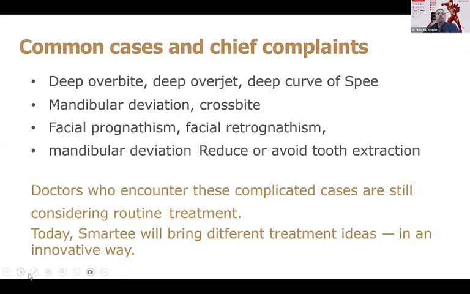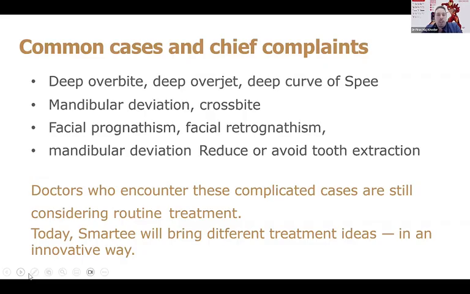So what are the common cases and chief complaints we can treat with the Smartee GS? Deep overbite, deep overjet, deep curve of Spee, three depths, mandibular deviation, crossbite, facial prognathism, and facial retrognathism, while reducing or avoiding tooth extraction or the need for surgery.